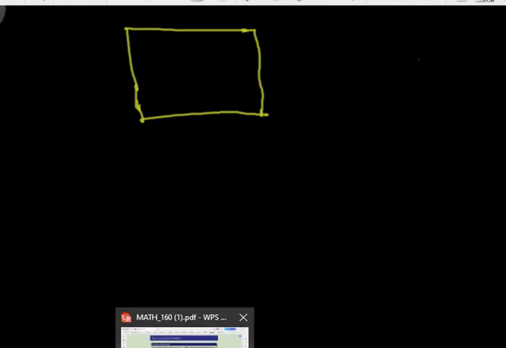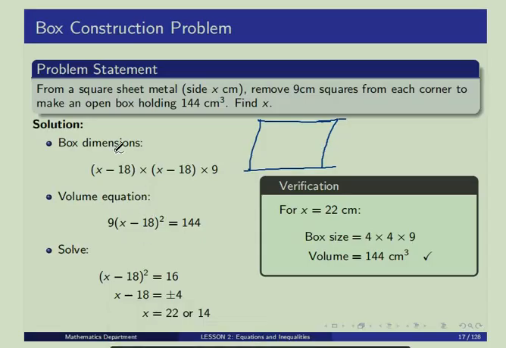So suppose you are given the box. Suppose this is the box, and then you are told that you remove 9 centimeter square from each corner to make an open box holding this volume.